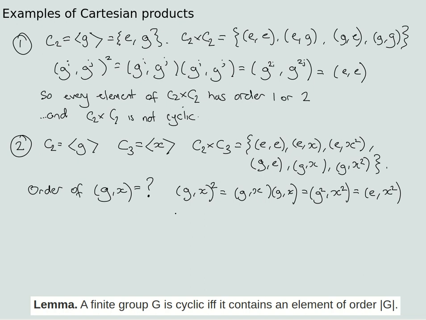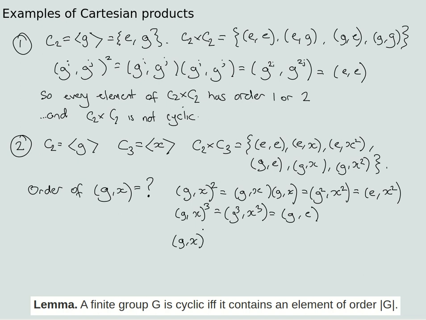So there's the square. Let's look at the third power, gx cubed. As we said, this is the same as g cubed x cubed. Now g had order 2, g squared was the identity, so g cubed is g again. And x cubed, well, x is a generator of a cyclic group of order 3, so x cubed was the identity. So here we've got (g, identity).